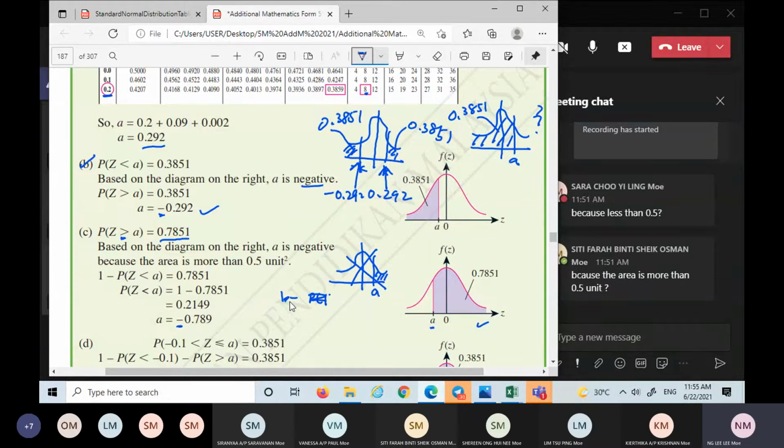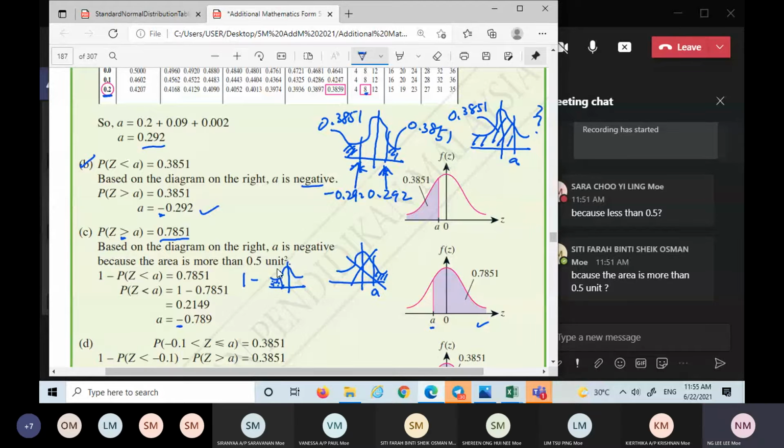I draw a diagram, it's easier. If you didn't do the previous lesson, this lesson you cannot catch up. 1 minus here, then you get this.